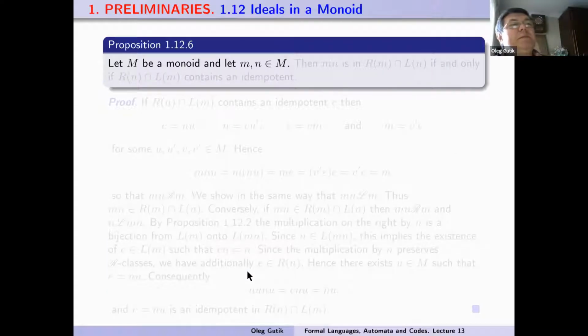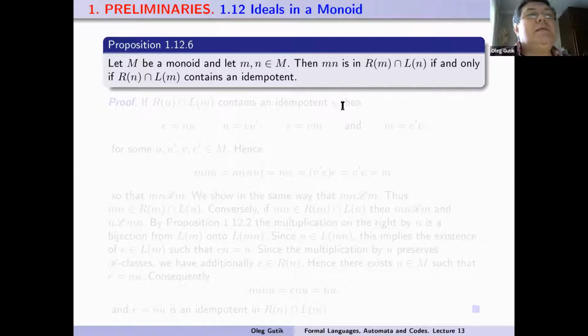The next proposition. Let M be a monoid and let m and n be elements of M. Then the product mn is in the intersection of the classes R_m and L_n if and only if R_n intersected with L_m contains an idempotent.